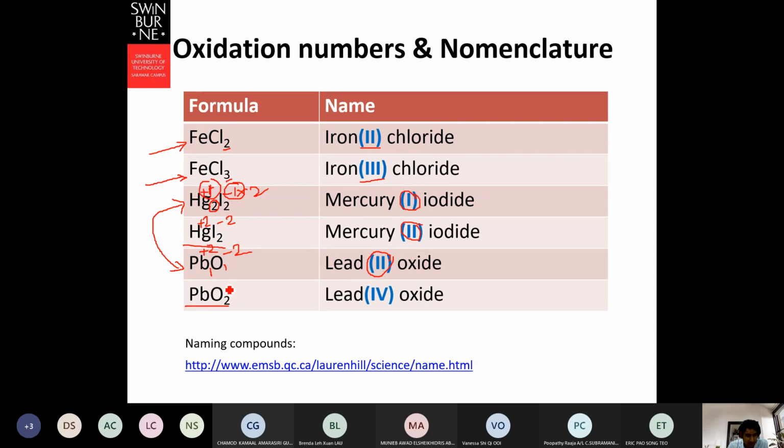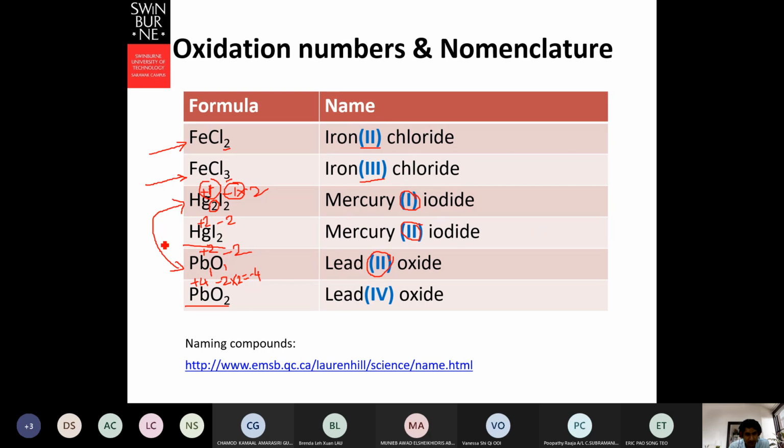For this case, lead oxide, oxygen is of course negative 2, and there are 2 oxygens, so it should be 4 negative, -4, isn't it? So how much charge should the lead have to neutralize it? Of course, it should be +4. Pb is plumbum or lead. I'm calling it lead because I am used to it.